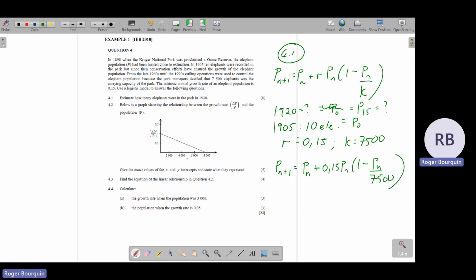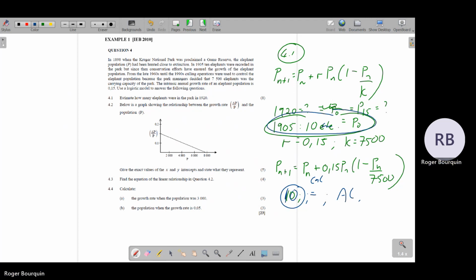Right. So what we're going to do in our calculator? What's our first number going to be? What was the initial starting population? 10. So P0 is 10 elephants, right? So on your calculator, you go 10 equals, clear your screen.